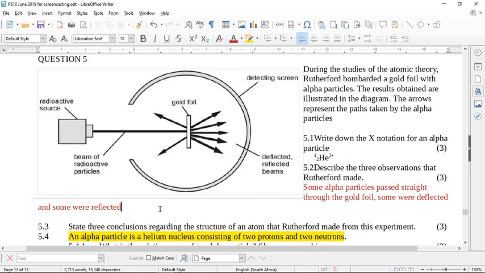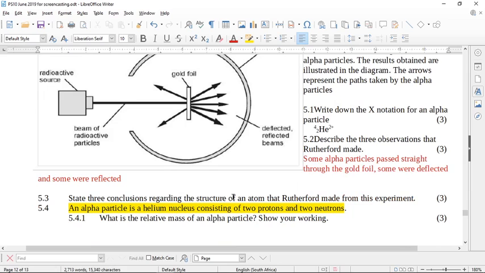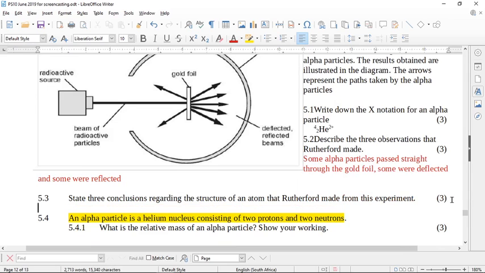Okay. Now it says state 3 conclusions regarding the structure of the atom that Rutherford made. So what was the big breakthrough that Rutherford made? Rutherford discovered that atoms had mostly empty space, okay? And how do we know this? Because some of the beams passed straight through. The previous models packed all of the particles just randomly. They knew there were positive and negative things, but they were just all over the place.